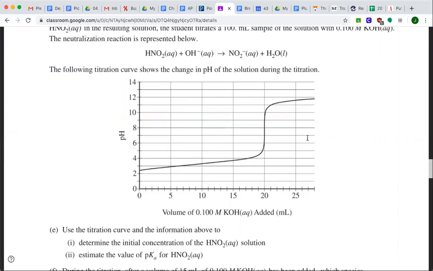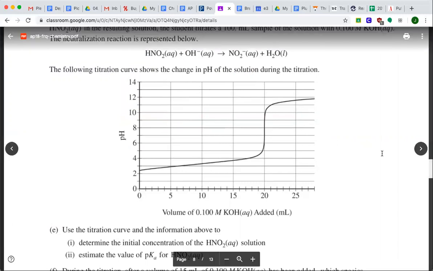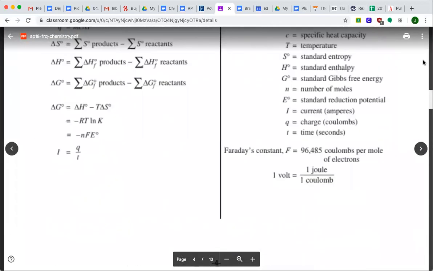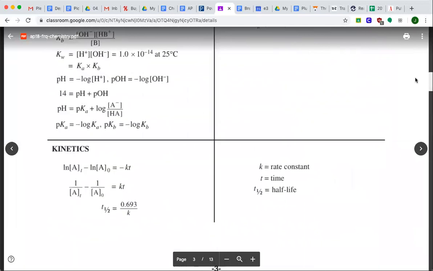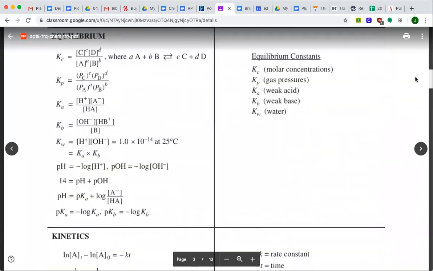Okay. So for this one, we need our Henderson-Hasselbalch equation, I believe. So let me just go up and think about this. We got it from the graph, but let's go ahead and just work this out. So, okay, here are our pH equations.